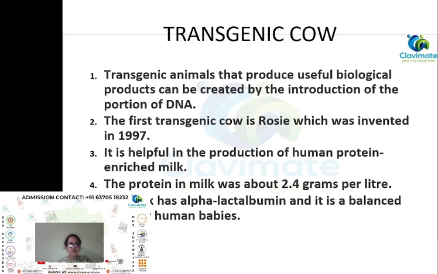Coming to the transgenic cow, transgenic animals that produce useful biological products can be created by the introduction of a portion of DNA. The first transgenic cow is Rosie, which was created in 1997. It is helpful in the production of human protein enriched milk. The protein content in the milk is about 2.4 grams per liter.